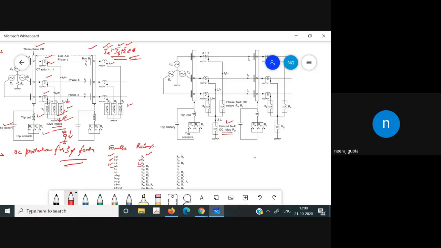If we use this relay, it will be blind to load current and see only the ground fault current.